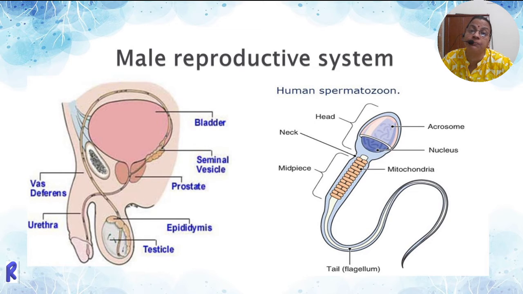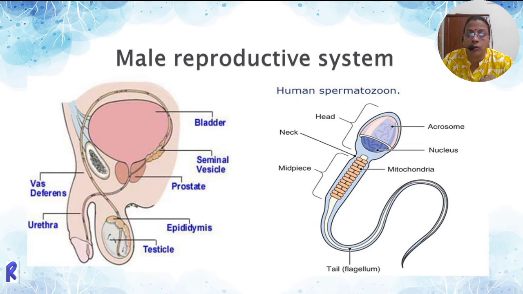They can reach up to the fallopian tube of the female. That process of inserting the penis into the female genital tract to deposit the semen is called intercourse.